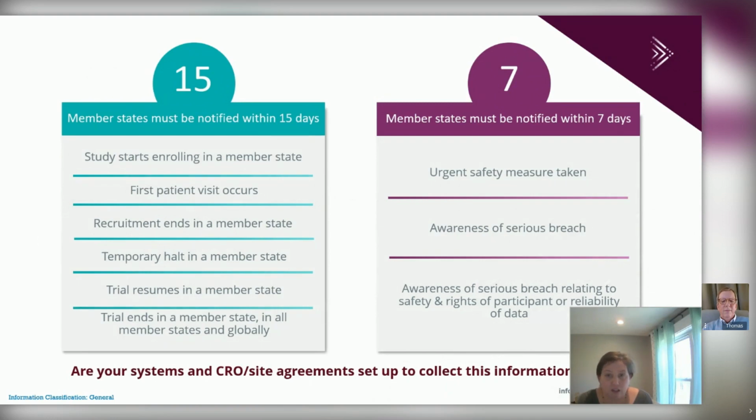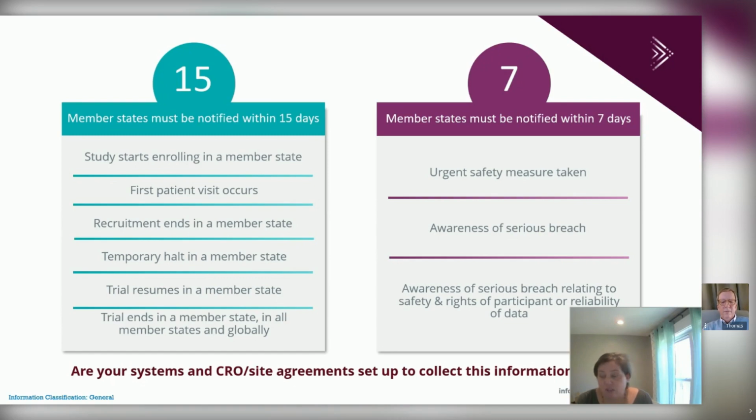So all of these notifications must be submitted through the CTIS application to the member states within 15 days of the activity occurring. There are certain other things that you need to let the member states know within a shorter time period of 7 days, and that's if an urgent safety measure is taken, or if you become aware of a serious breach that relates to safety or the rights of patients or the reliability of data.